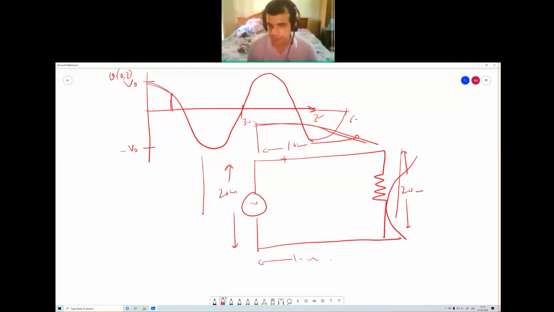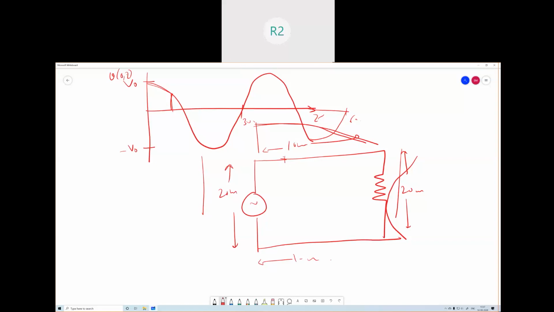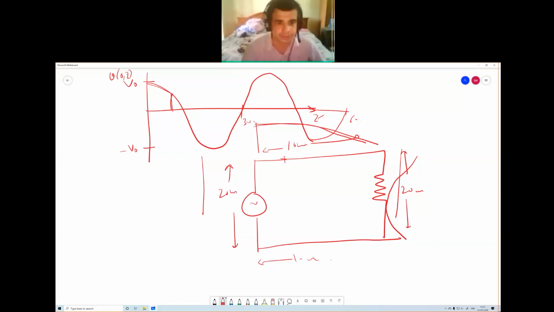Can you understand this? I am just projecting this waveform onto the circuit. So if I start from here, the circuit will be like this. It will keep falling.